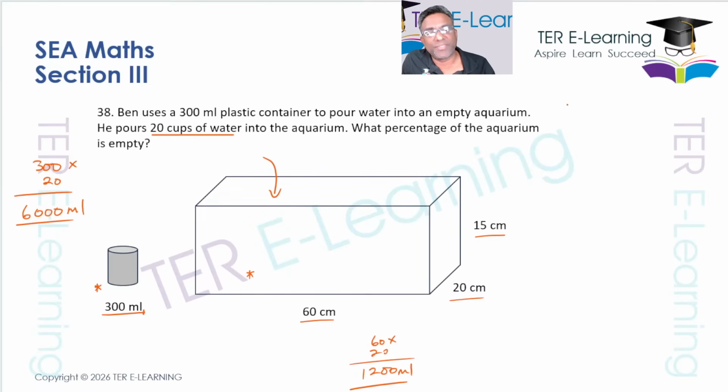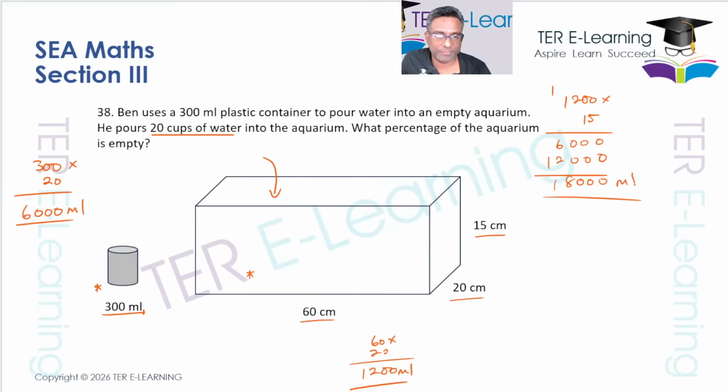Then we still have to multiply that by 15. So 12 by 15, we'll do this in a shorthand way. So that's 18,000 milliliters.